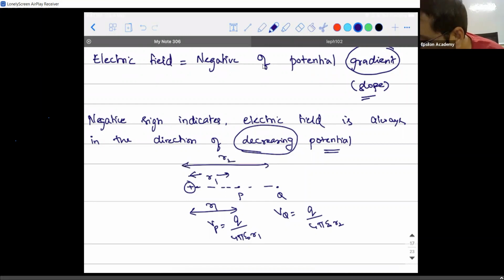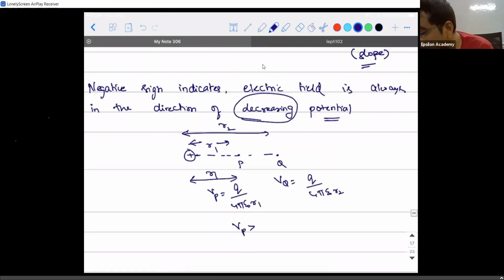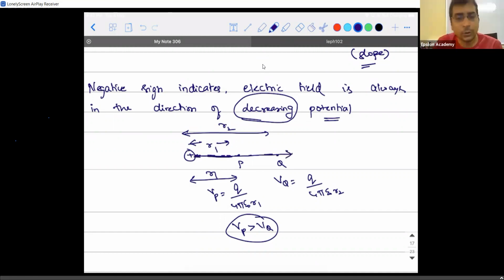So Vp is greater than Vq. As you move from P to Q, the potential is decreasing, so that will be the direction of the electric field. And we know that the electric field due to a positive charge is always away from it. All the conditions are satisfied.